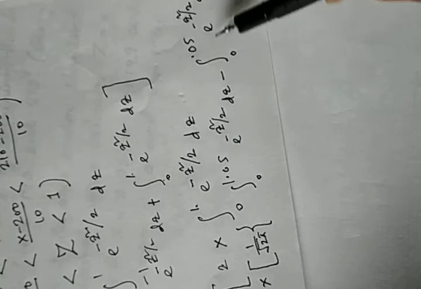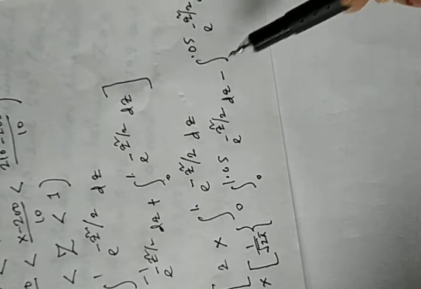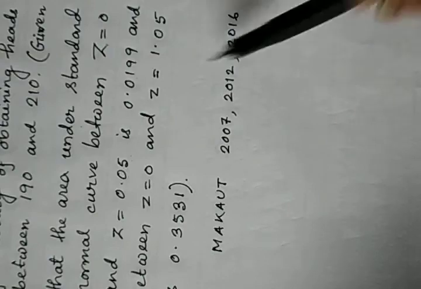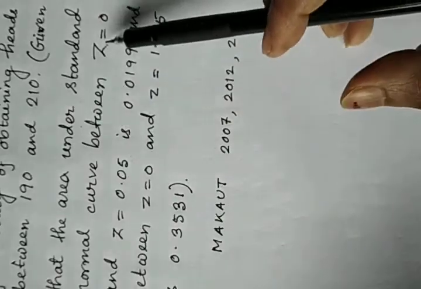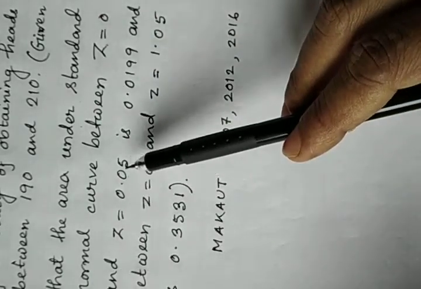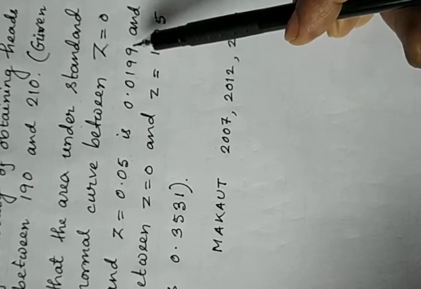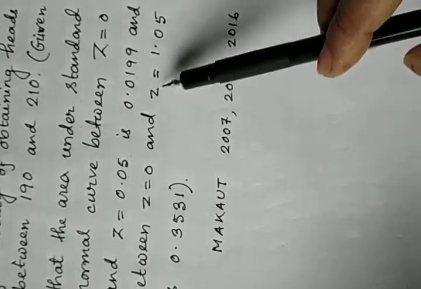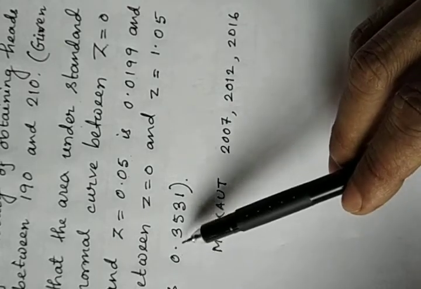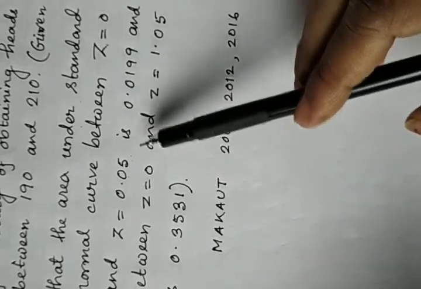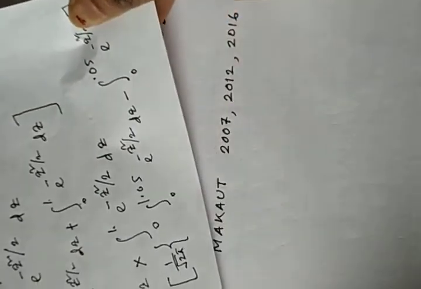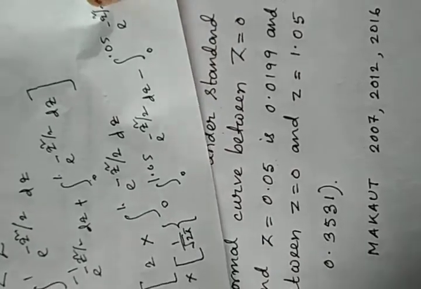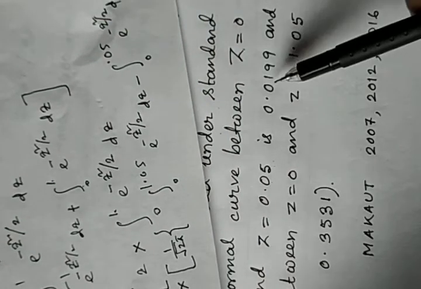Now see, both the values are given in the question. The area under standard normal curve between z equals 0 and z equals 0.05 is 0.0199, and between z equals 0 and z equals 1.05 is 0.3531. These are actually the integral values of these, so we can write here the values 0.0199 and 0.3531.